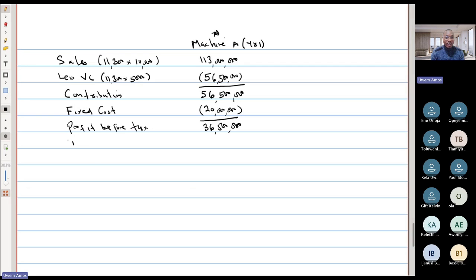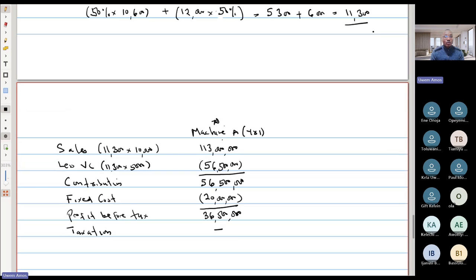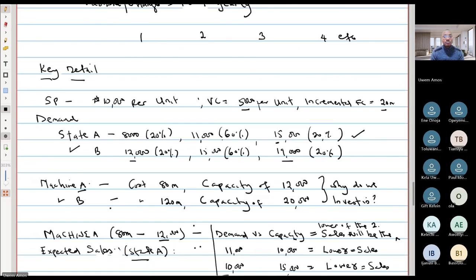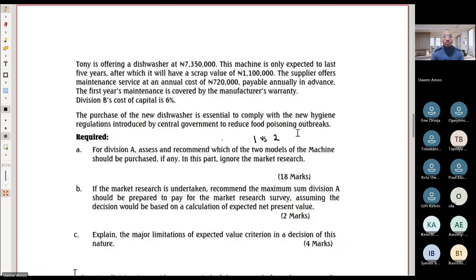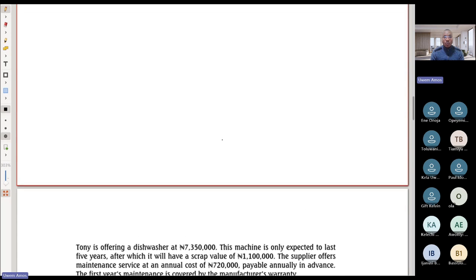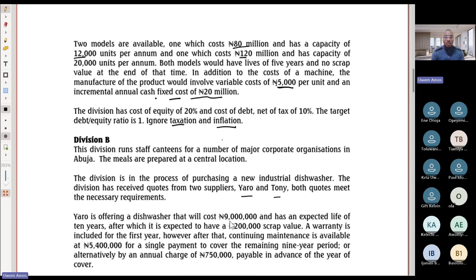Now at this point, if we have taxation, we're going to charge tax. But the question tells us that there's no tax. Let me just put a placeholder here, just in case you have taxation in your question, you're going to bring in tax here. Let's quickly look at that in the question. Yeah, it tells us to ignore taxation and inflation.